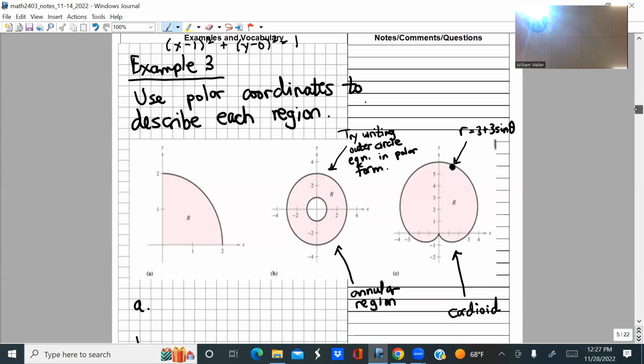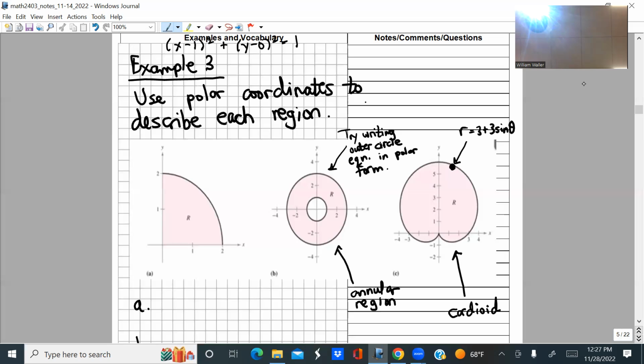All right, now what's going to be useful for us is using polar coordinates to describe certain types of regions in the XY plane. Think of these as regions of integration in the XY plane. We're going to write down inequalities to describe these regions.